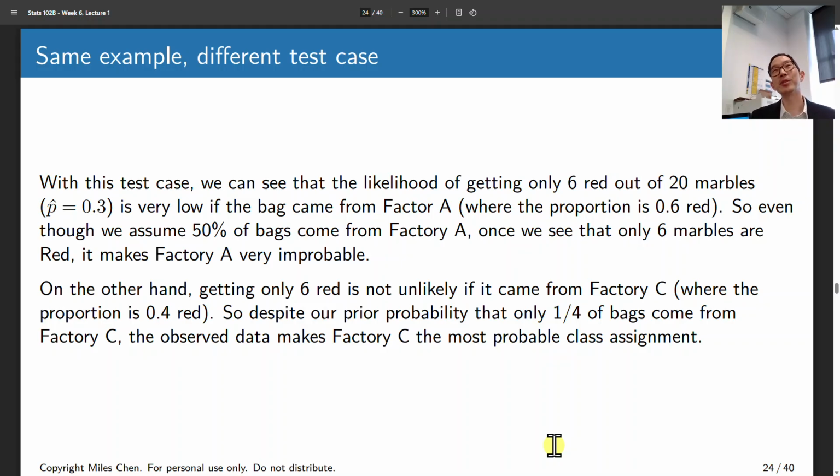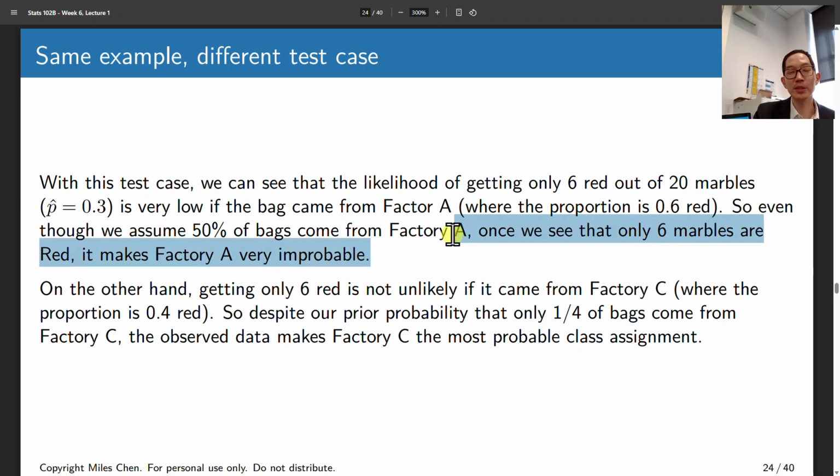And so when your test case is only 30% red, it's much more likely that it's coming from factory C than factory A. Factory A fills at 60% red, so it feels very unlikely. It's improbable, we don't want to say impossible, that a factory that fills 60% red is going to produce a bag that's only 30% red.